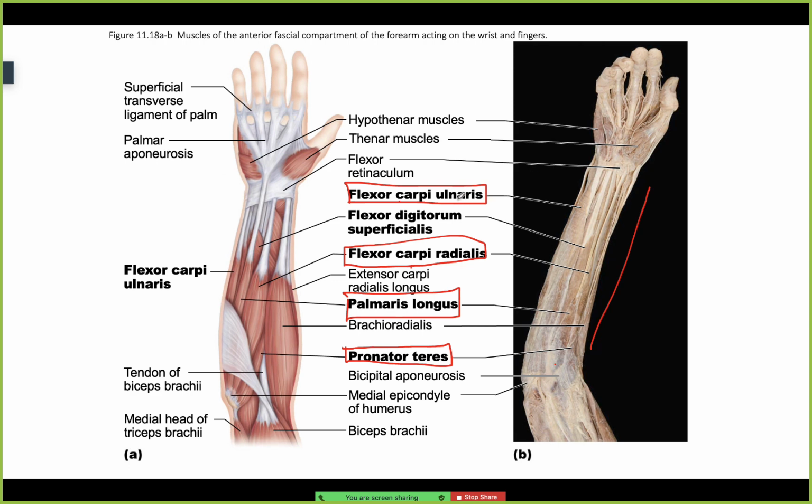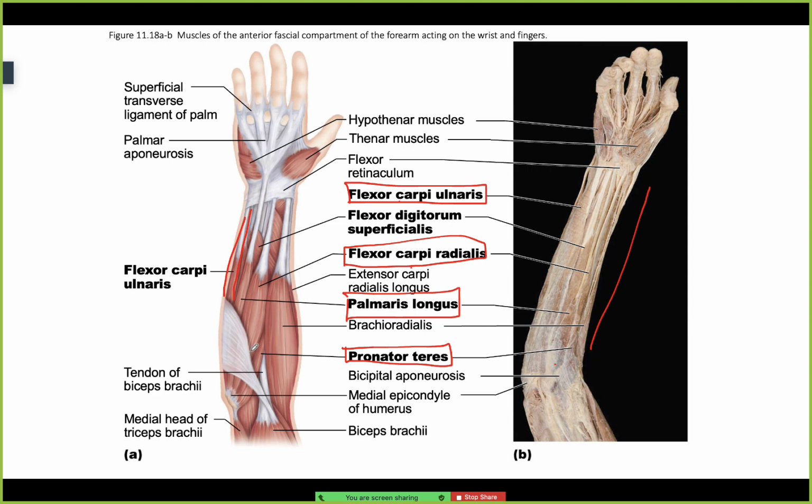And then ulnaris and radialis for these 2 tell you where they're located. So flexor carpi ulnaris, it's on the flexor side, and it's over the ulna bone. As you know, the one that connects to the thumb is the radius. The one that's on the pinky side is the ulna. So it is this muscle here, flexor carpi ulnaris.